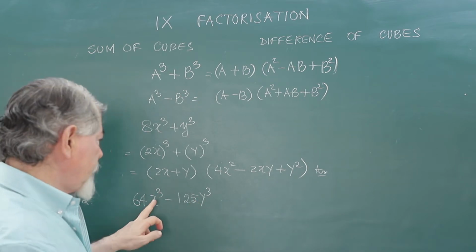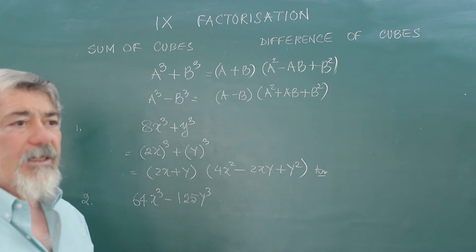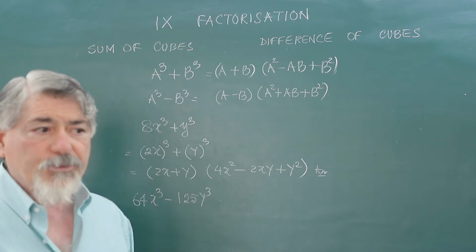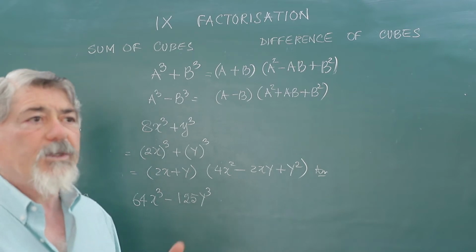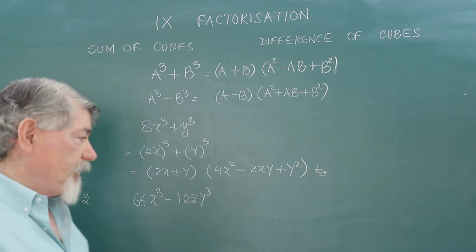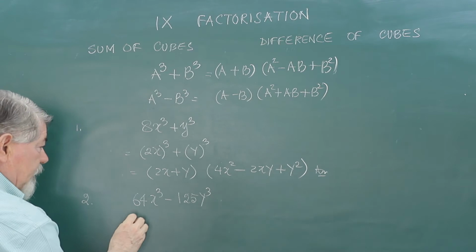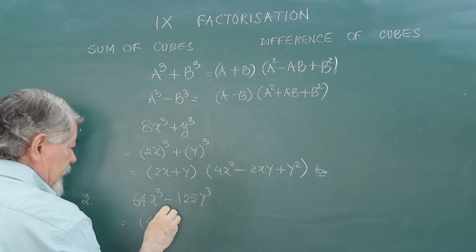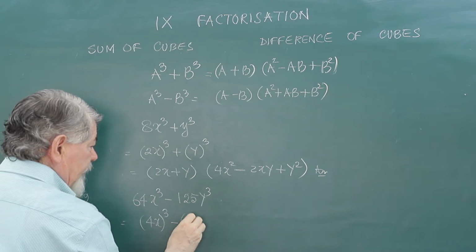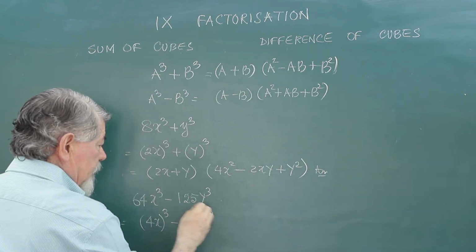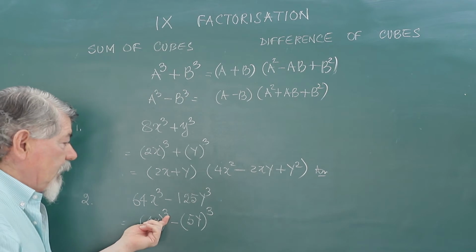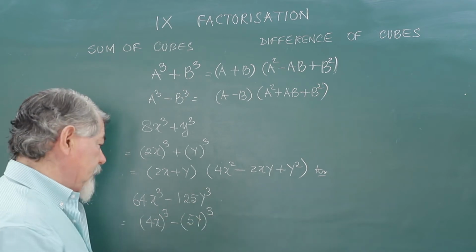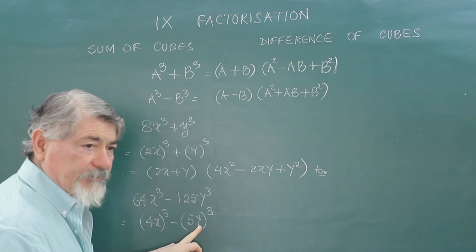And the plus sign or minus sign will tell you what to apply. Are you going to use a cube plus b cube, or a cube minus b cube? It is 64x cube, that means 4x to the power 3 minus 5y to the power 3, a cube minus b cube.